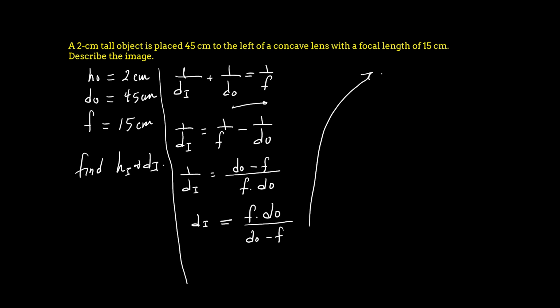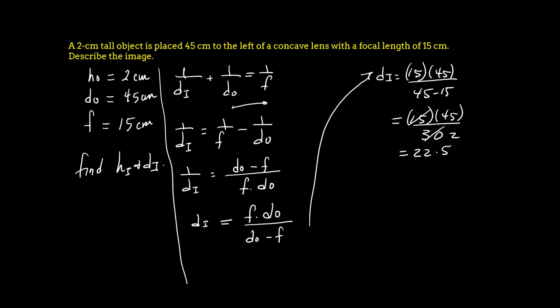F is 15, DO is 45, over 45 minus 15. So that's 15 on top times 45 over 30. So we can divide here, we get a 2, and 45 over 2 will give me 22.5. We can just leave it as 45 over 2 also.